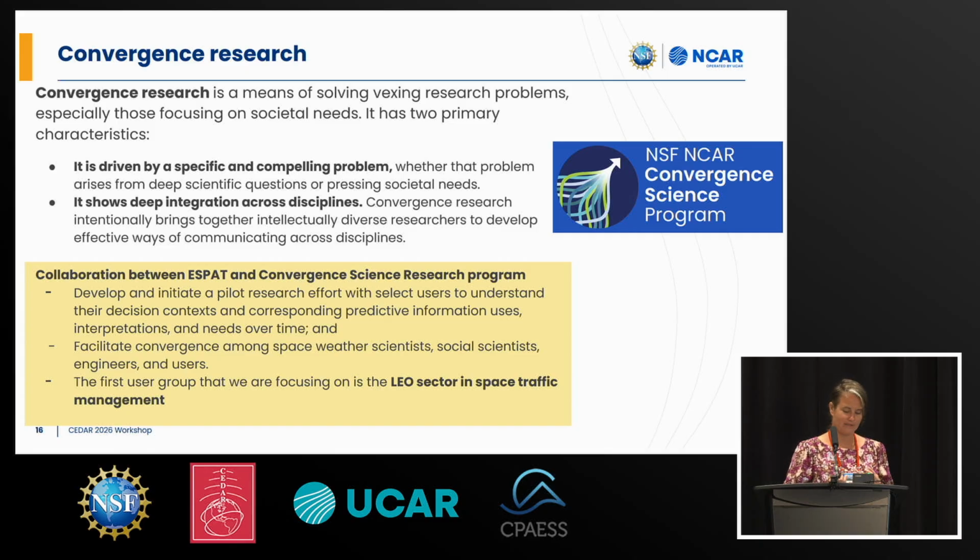And it requires deep integration across disciplines. So it really requires people from different fields coming together and working together to solve a problem. It is sometimes challenging because it's difficult to communicate with people who do different work, but that is when a lot of progress can be made, when you bring different approaches together. So it's like the sum is bigger than the individual parts together.